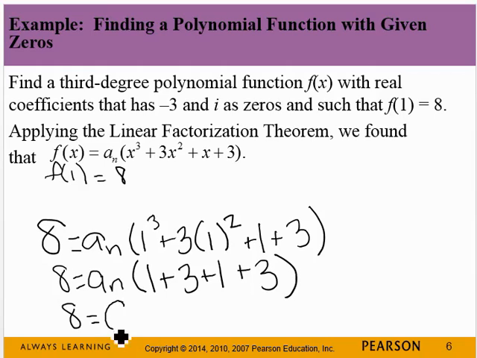So you should have a sub n times 8. You're going to solve this just like you'd solve any other equation. This is your variable. So divide both sides by 8, and you should have a sub n equals 1.